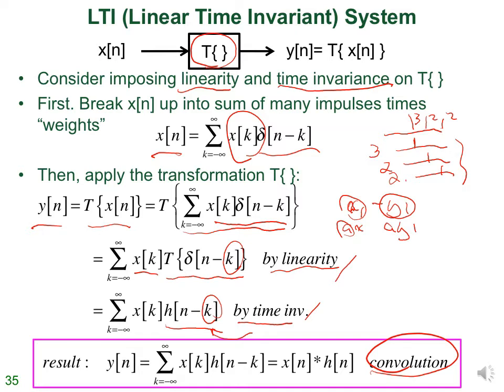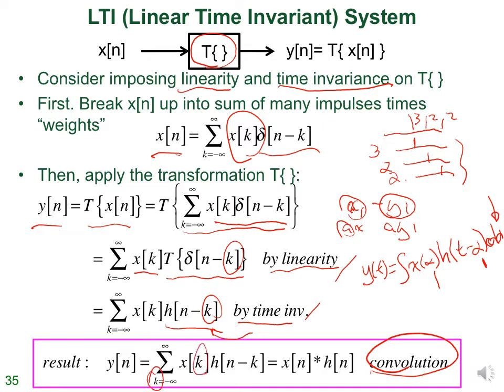This resembles, of course, continuous time convolution. If you recall, y of t for a continuous time system equals the integral of x of alpha h of t minus alpha d alpha. And so this has the very same form. The integration is done over alpha, so I have x of alpha and a minus alpha here. The summation is done over k, and so I have x of k, and I have a k being subtracted inside of h.